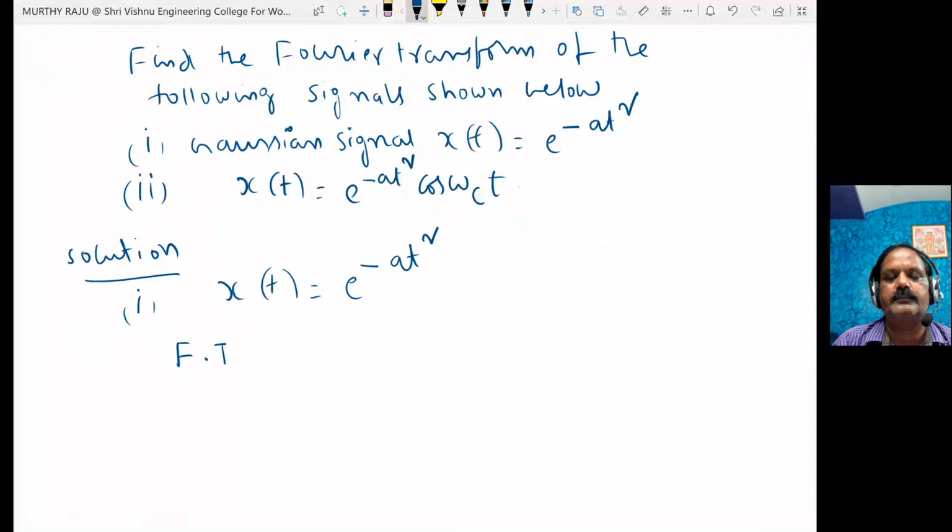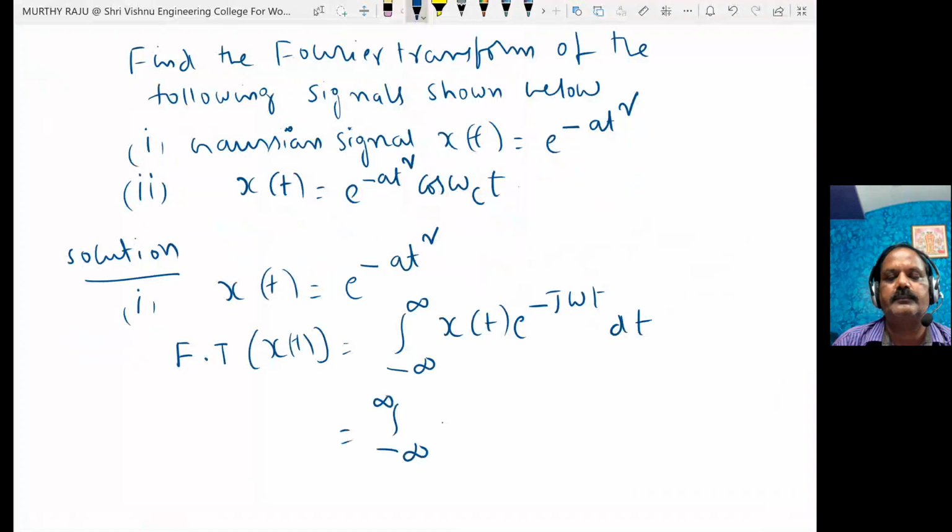Fourier transform of x of t is equal to integral from minus infinity to plus infinity of x of t e power minus j omega t dt, that is equal to integral from minus infinity to plus infinity of e power minus a t square e power minus j omega t dt.